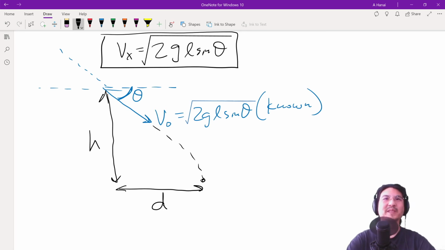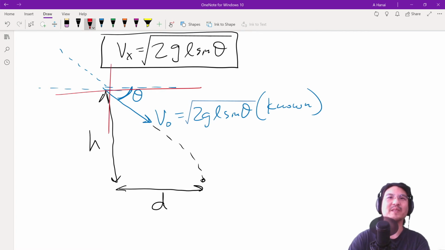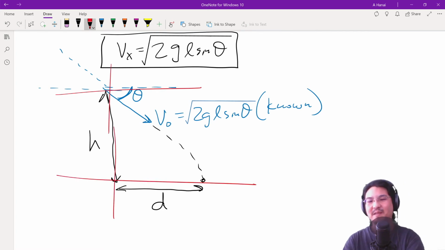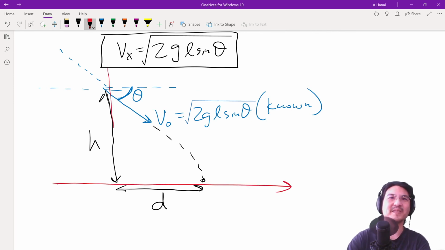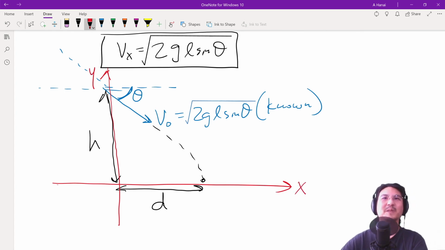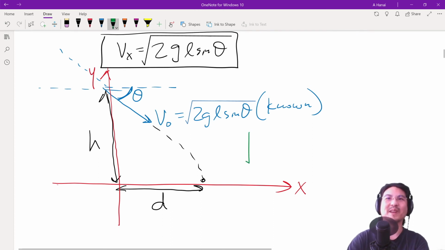So now we just pick coordinates. How about I'll pick coordinates like this. A good choice would also be to pick the origin right here, where it starts, and I'll make this x and y. The only acceleration now, while it's flying in the air, is gravity this way.